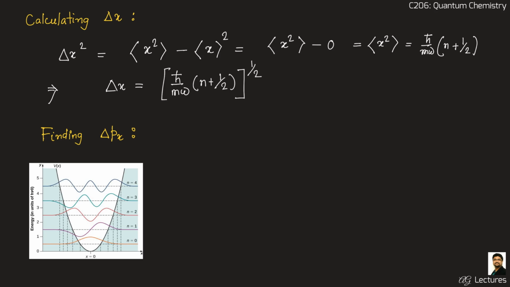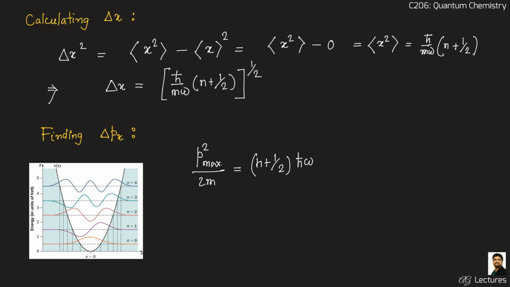Let's call it p² max by 2m, and that is equal to the total energy, right? So the total energy is Eₙ, and that is (n + ½)ħω.